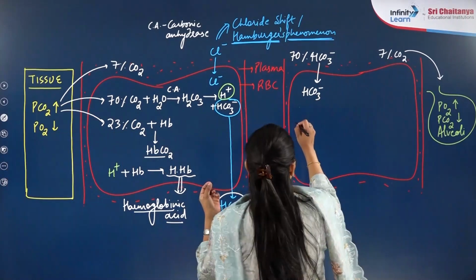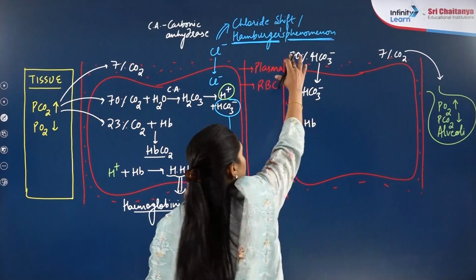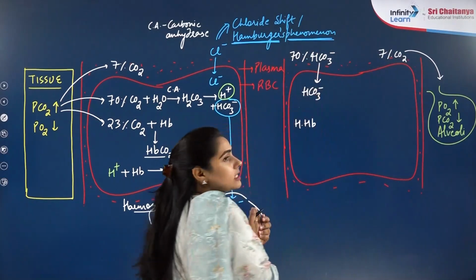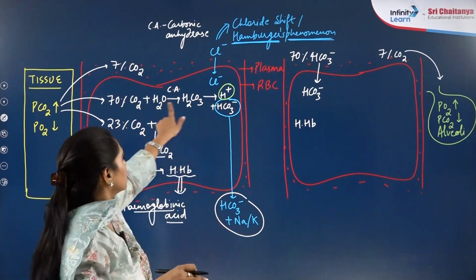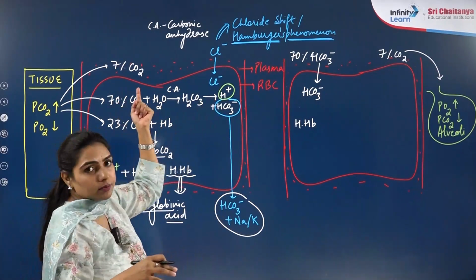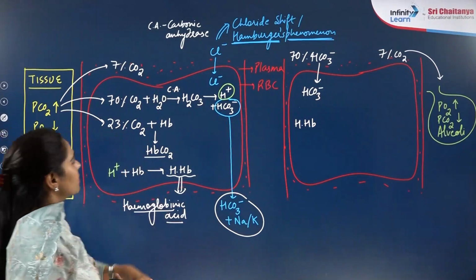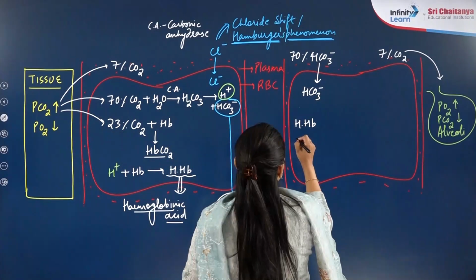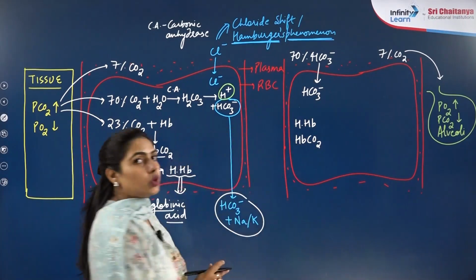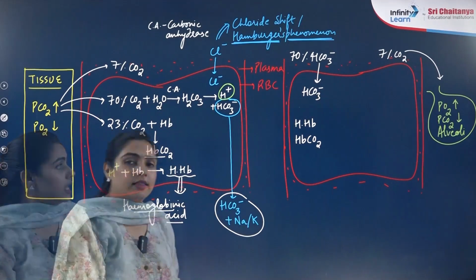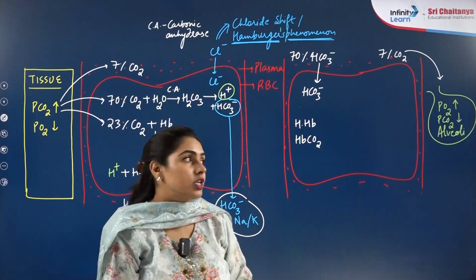Here this Hb is there. So when the 70% comes inside, it has to get hydrogen. Then only this reaction will occur in the reverse direction. Right? I will show you that reaction now. Now, where is this 23% CO2? 23% CO2 is also present inside the RBC in the form of HbCO2. Right. Now, there is a very important role played by oxygen here.